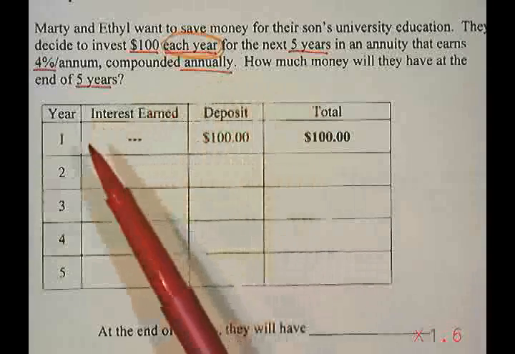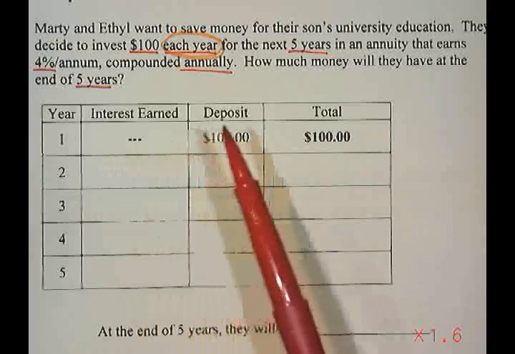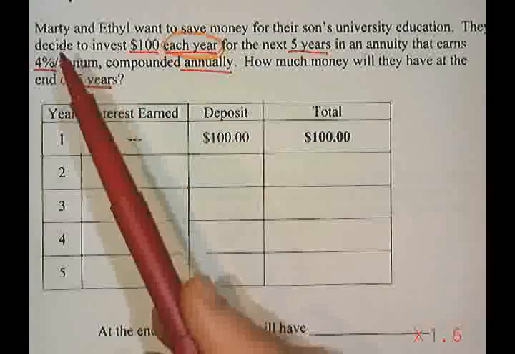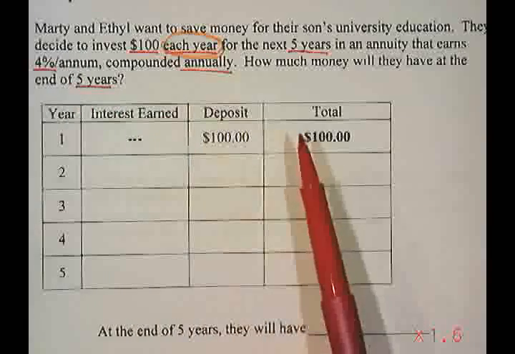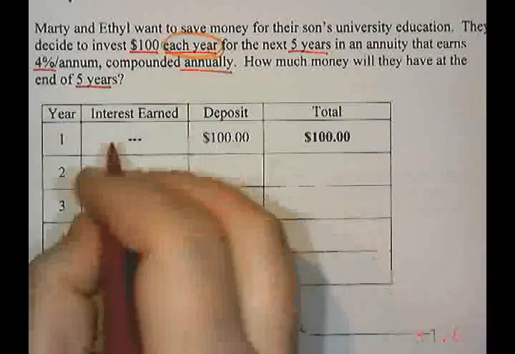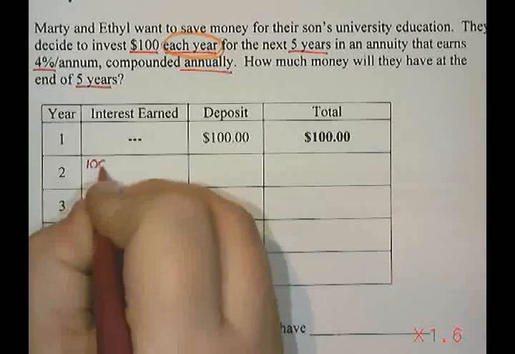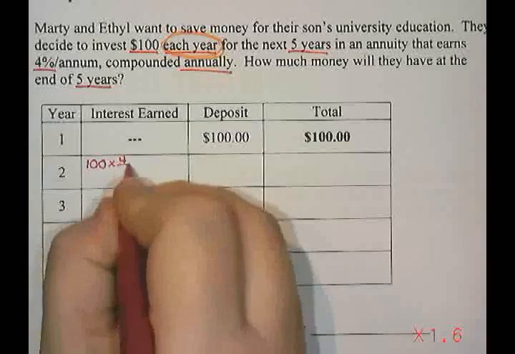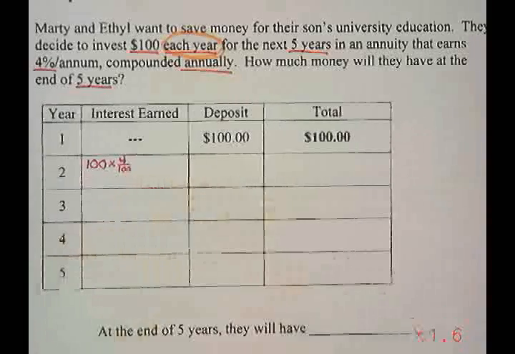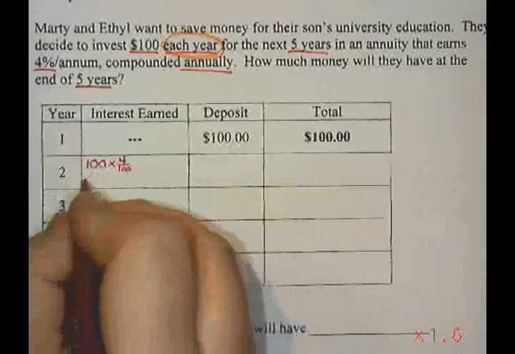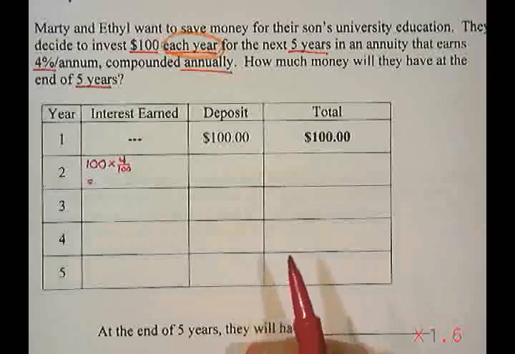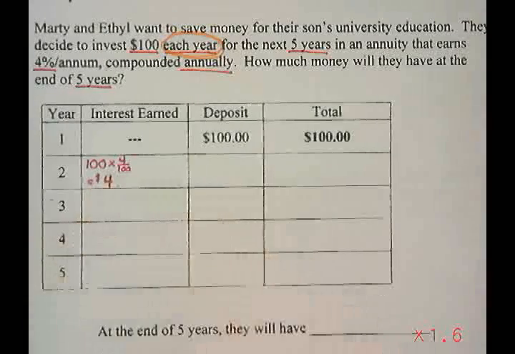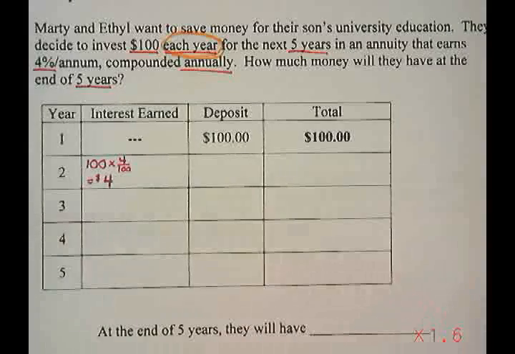In year 2, when year 2 rolls around, they earn interest on what's currently in their account. So they earn 4% of $100. So to calculate that, I'm going to take 100 and multiply it by 4%. So I can either do 4 divided by 100, or I can do 0.04. So 100 times 4 divided by 100 is 4, which means they earn $4 in interest.